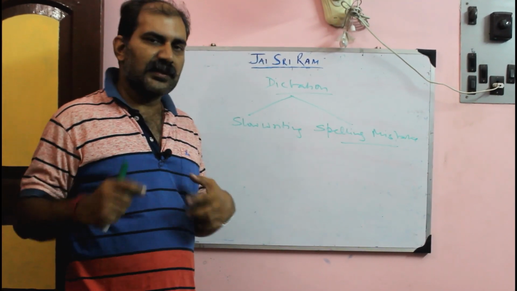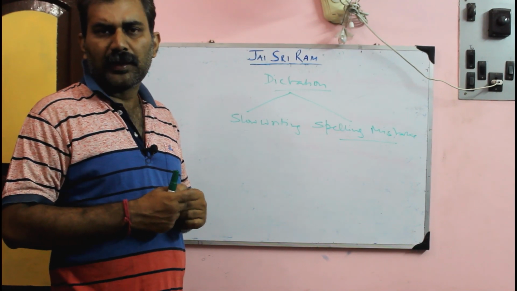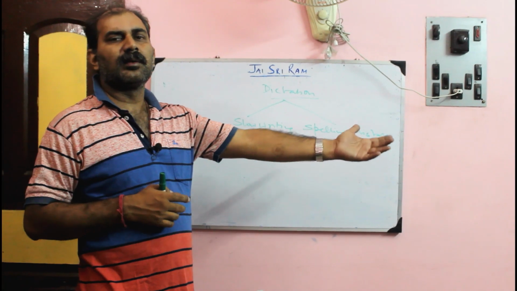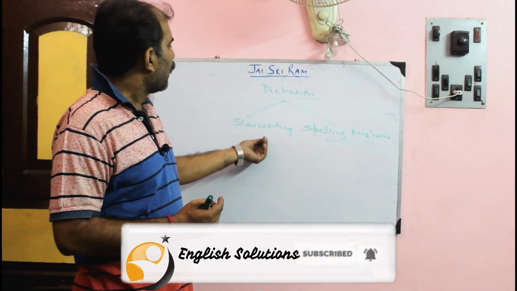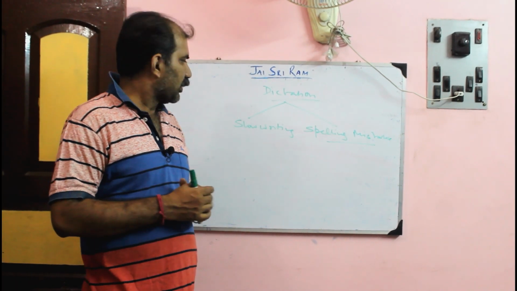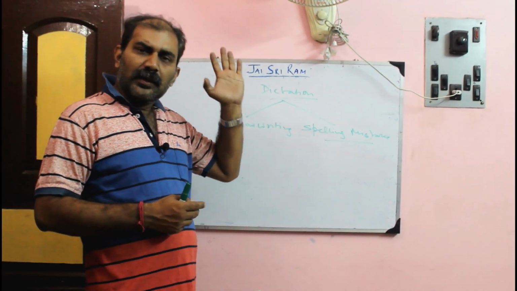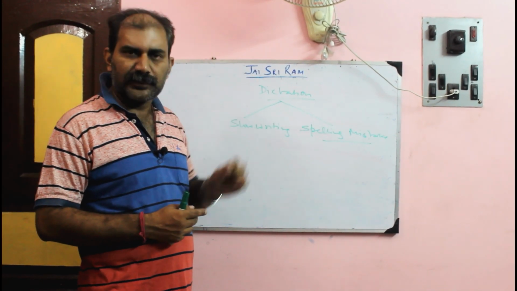The speed of dictation should increase. It may be for 5 minutes every day. Give the dictation. After that, if you don't have time, give him the passage from where you have given the dictation, so that he can see how many spelling mistakes he made, and if he made any mistake in a spelling, he should write that spelling 10 times.